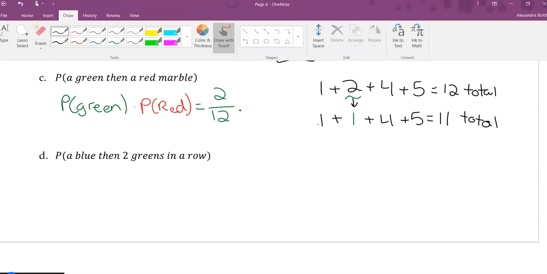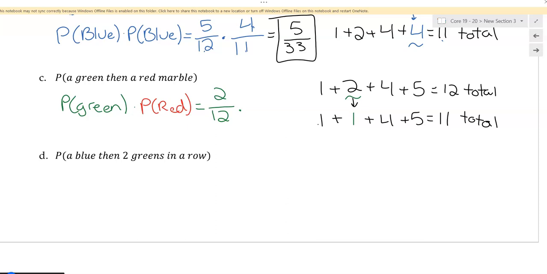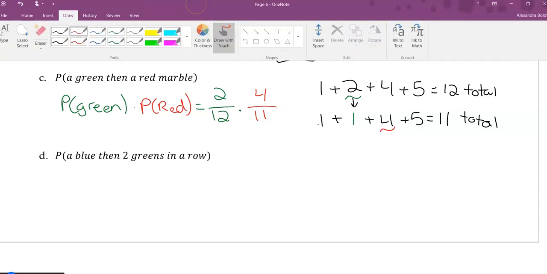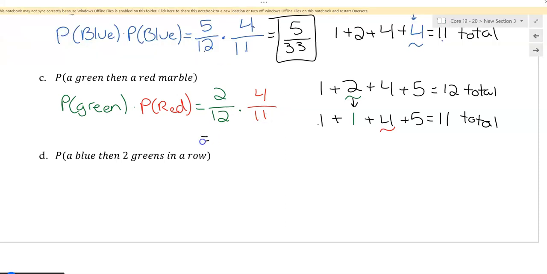So now I'm choosing a red, and there's 4 red out of my 11 total. And that equals, I believe it's 2 out of 33. Yes. Okay, so again, I'm typing that into a calculator, or you can type it into a calculator if you would like. All right, last question.